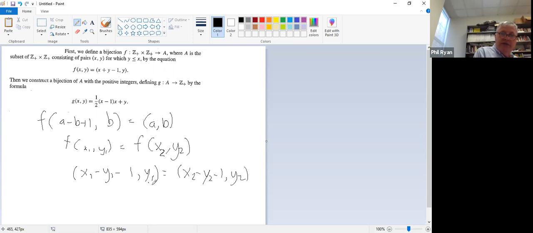And if that's the case, then y1 equals y2. And if that's the case, x1 equals x2. So it is injective.